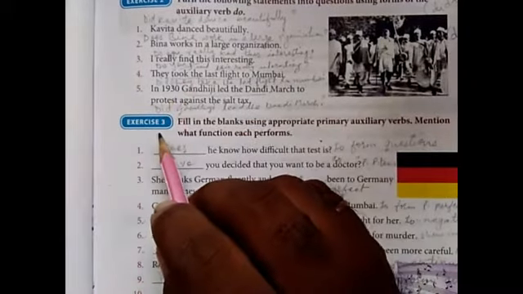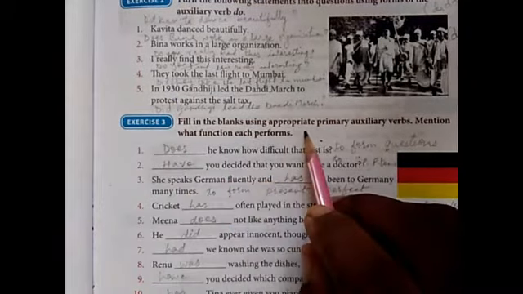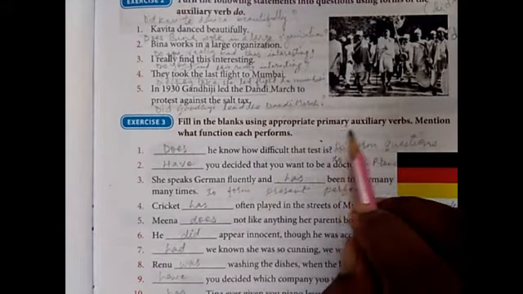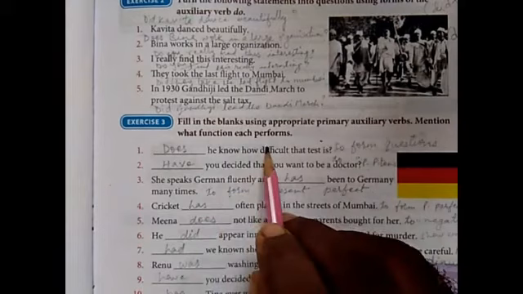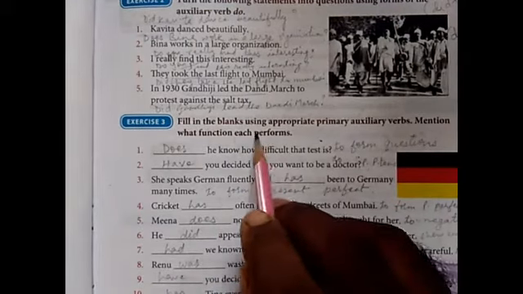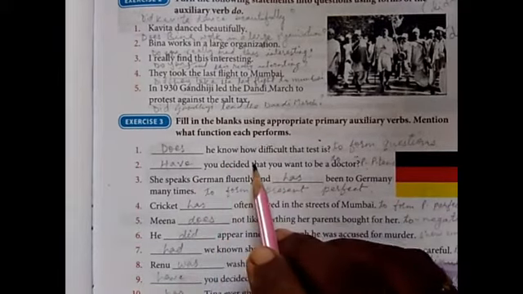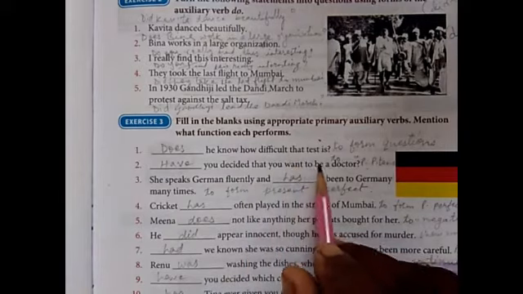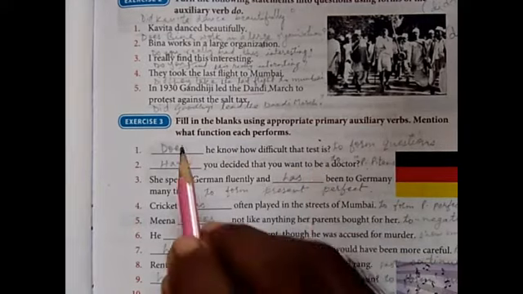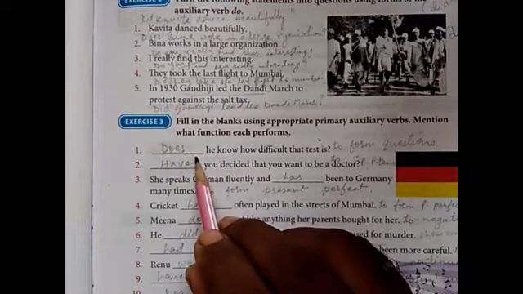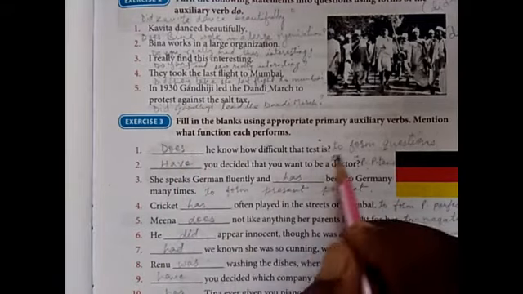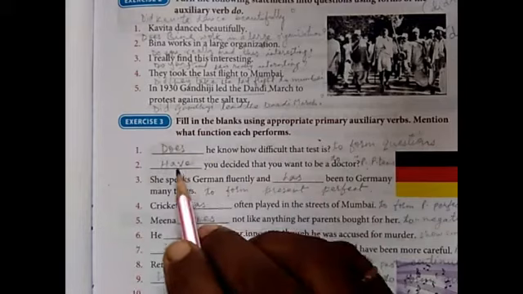Next is question 3. Fill in the blanks using appropriate primary auxiliary verb forms. Mention what function each performs. Does she know how difficult that test is? So what will be the answer? Does. So what is the function? To form questions. 2.